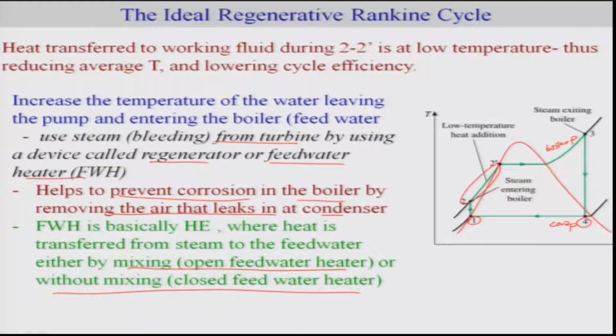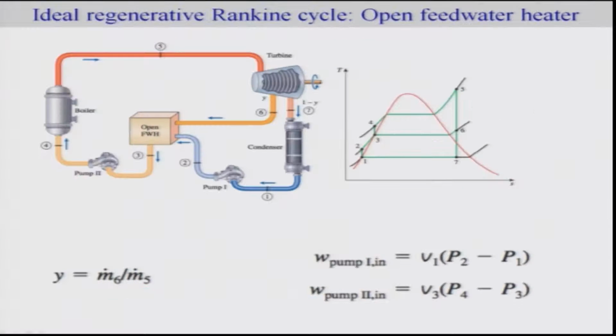So let me first describe this open feed water heater. This is the overall process for what we call the regenerative Rankine cycle, where we are going to use an open feed water heater. So let us look at the complete process here. At 5, the steam is at the boiler pressure, and it enters the turbine, okay.